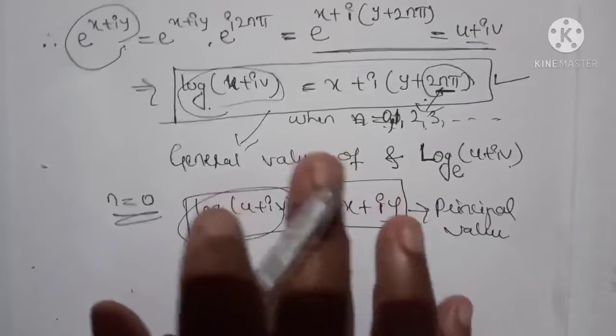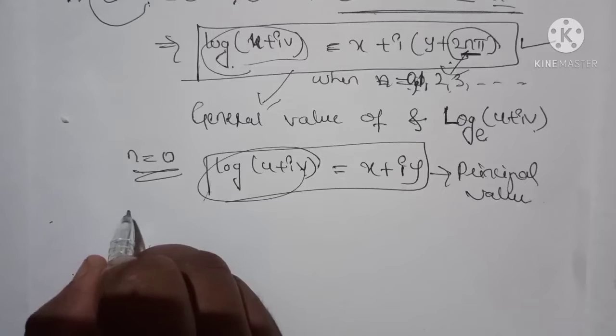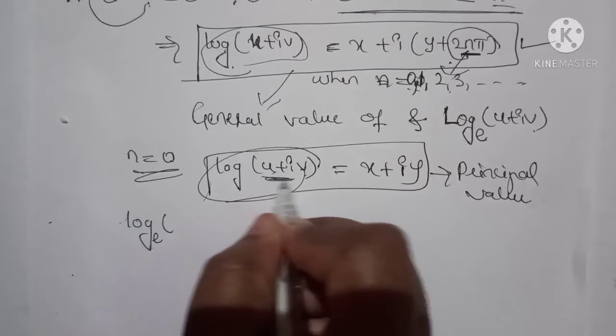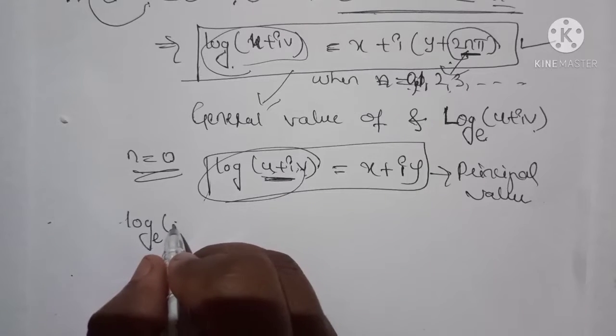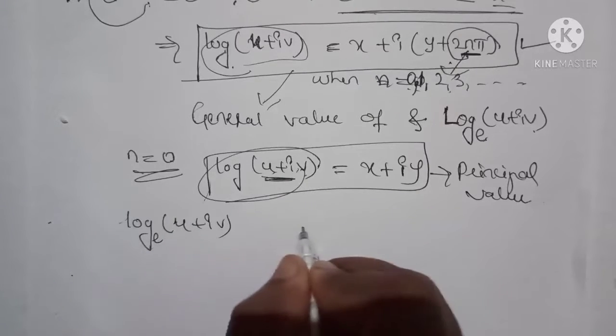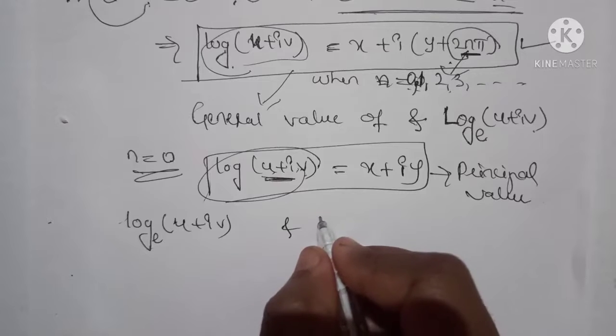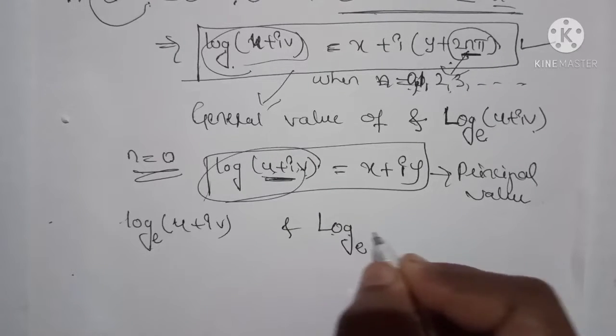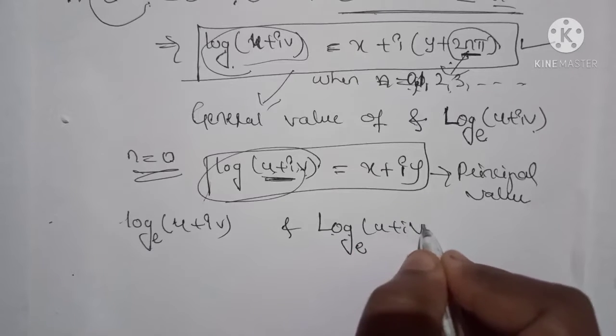So remember that the principal value is denoted by small log e of u plus iv or x plus iy, and the general value is denoted by capital L, Log of u plus iv, right?